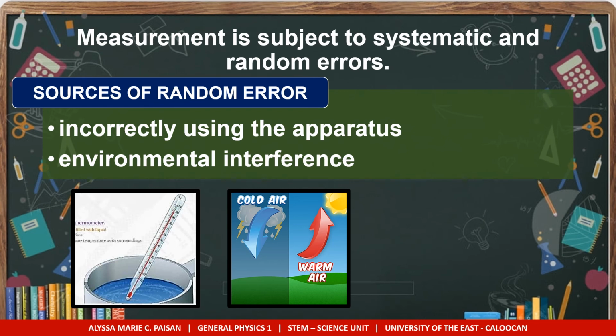So if you conduct an experiment, especially when you are already doing your research, the time should be consistent. So for example, you measure a certain physical quantity, let's say the humidity. Okay, you want to investigate humidity.